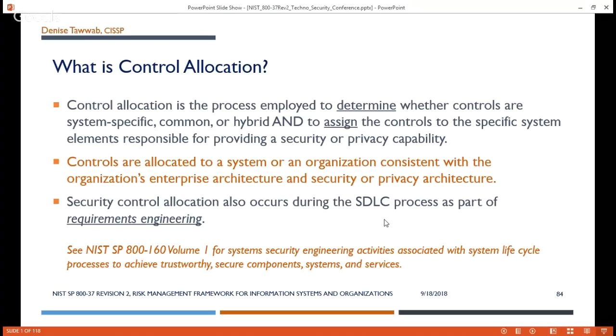So, of course, you have to have that in place before you start control allocation. Security control allocation also occurs during the SDLC process as part of requirements engineering. Again, you want to be thinking about security and privacy requirements at the beginning.